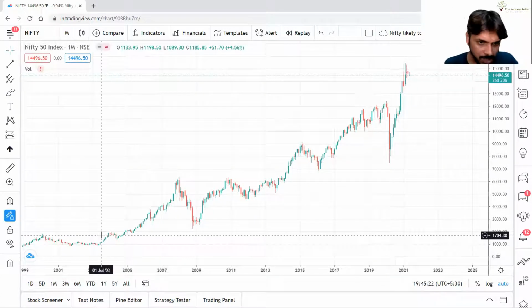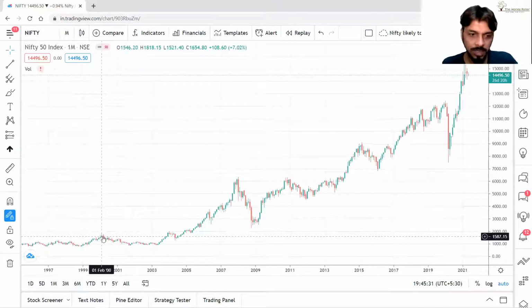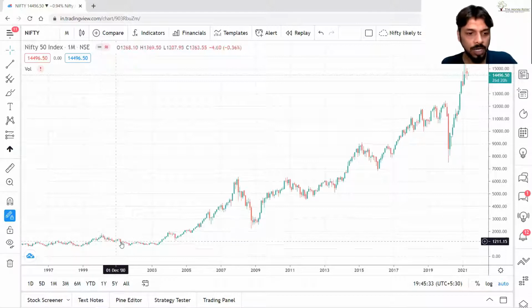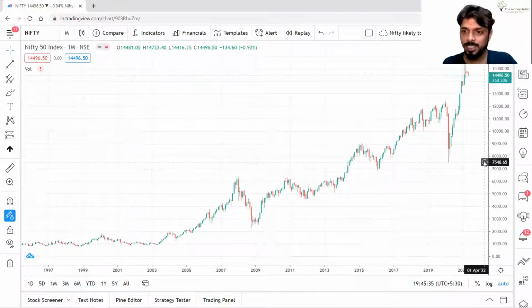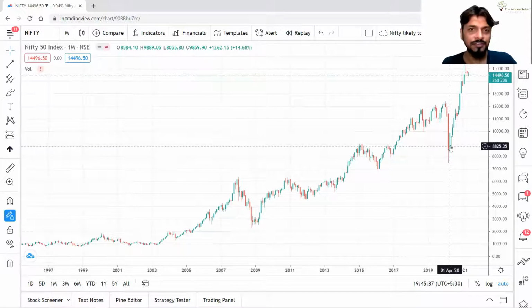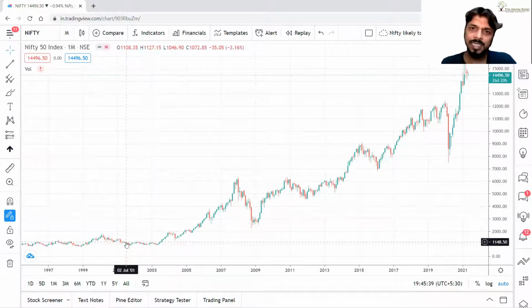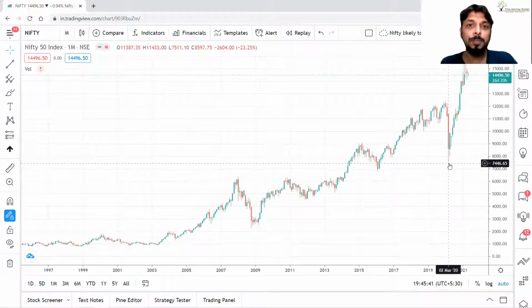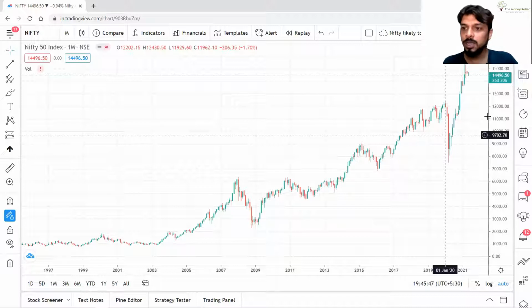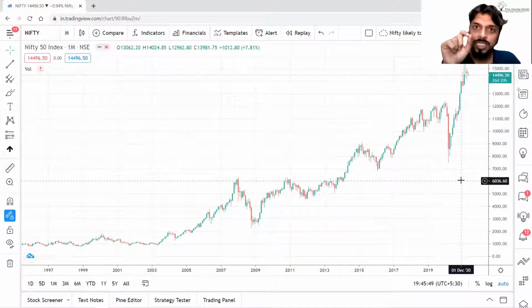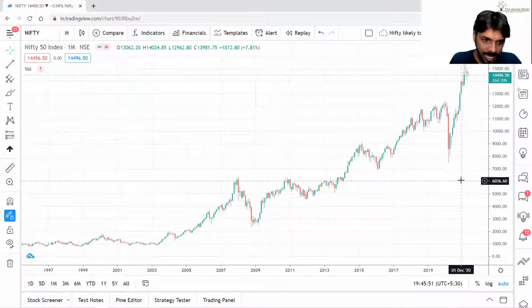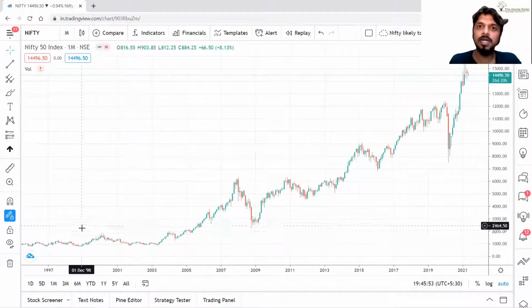Here, this fall in 2000, this is your dot-com bubble fall. This is 50% and this is roundabout 33 to 35%. Tell me guys, which fall is bigger visually on this chart? If you see visually, the Corona fall is bigger because the numbers are bigger. But if you see data-wise, then this fall is bigger.